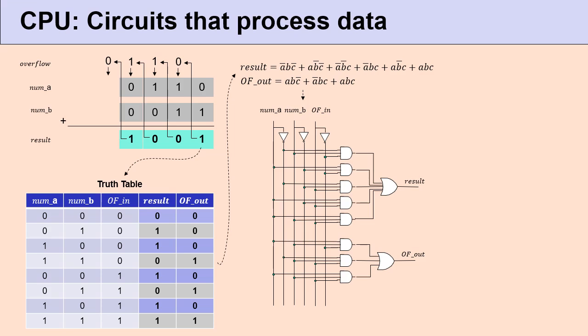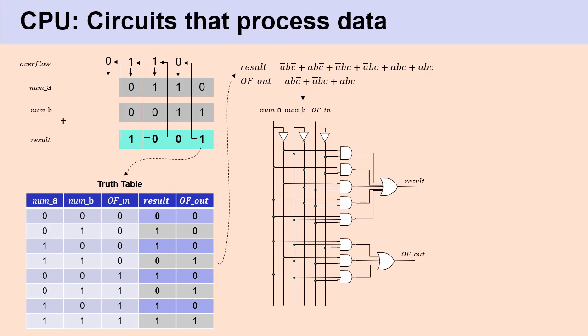Horizontal lines represent the product terms, 8 product terms, 5 from the result output and 3 from the overflow output, which are combined with OR gates to produce the final output. We will not go into details of designing this circuit either, because it is not within the scope of this module.